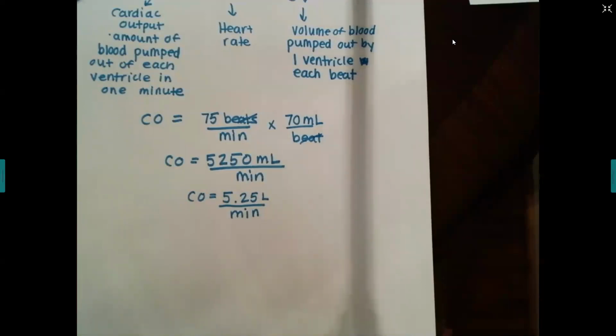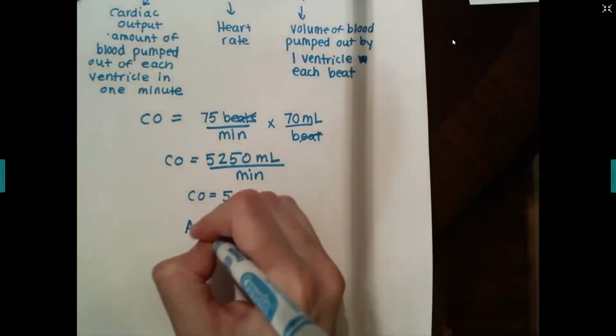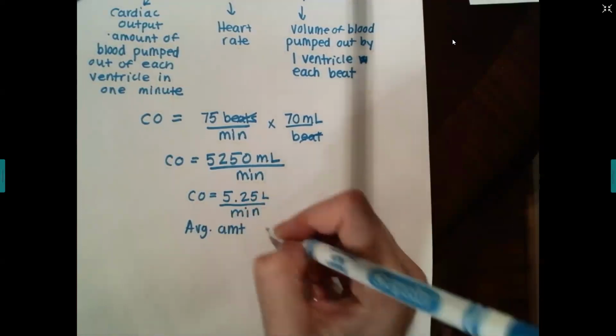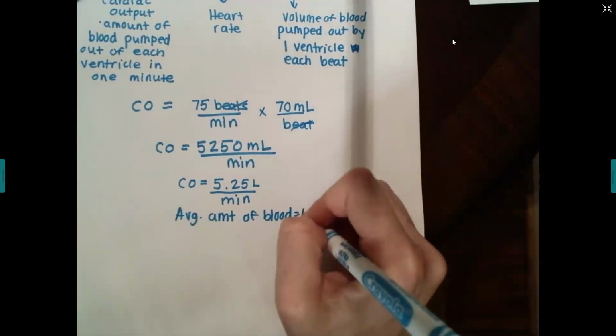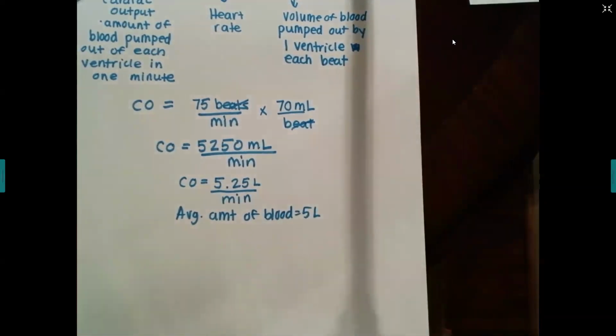The average amount of blood in the human body is roughly 5 liters. So that means that we are pumping our entire blood volume around our body every single minute. It's pretty crazy. And at any given time, 60% of it is sitting in our veins.